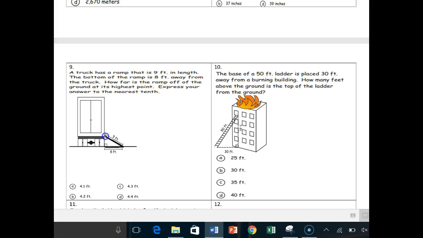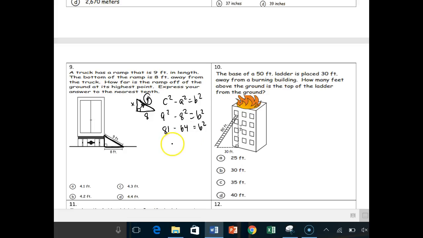So here's your triangle, right? You have 9, 8. Notice we have a hypotenuse, so we need to use c squared minus a squared equals b squared. So 9 squared minus 8 squared is equal to b squared, or 81 minus 64 is equal to b squared.